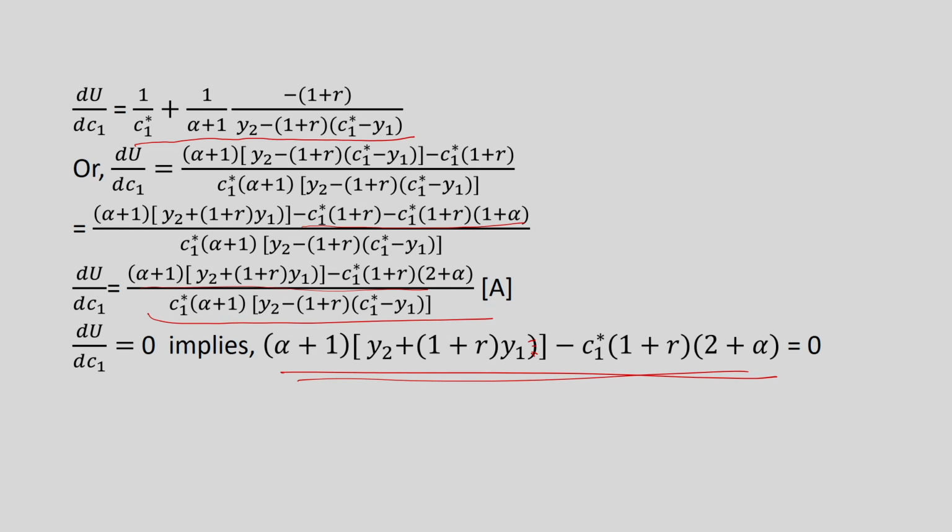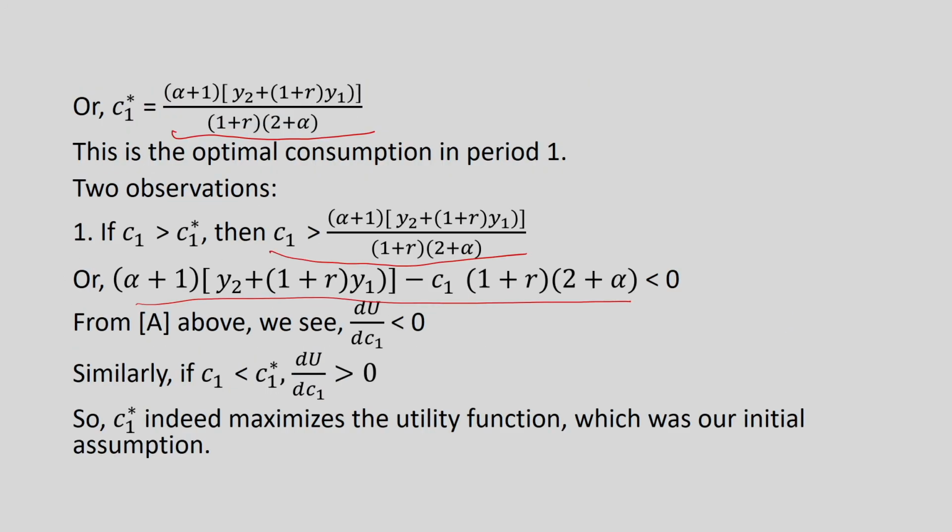Look at the numerator here, it is negative. So, if you cross that C1 star, then the derivative of the utility function with respect to C1 is negative.